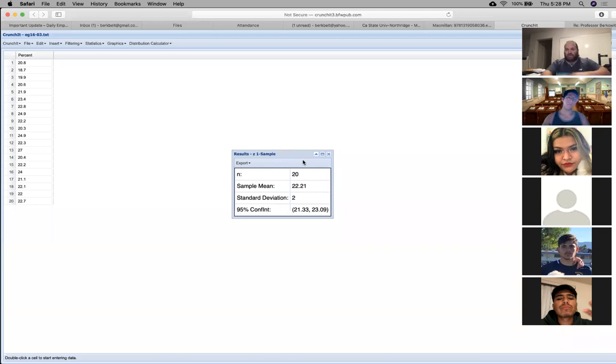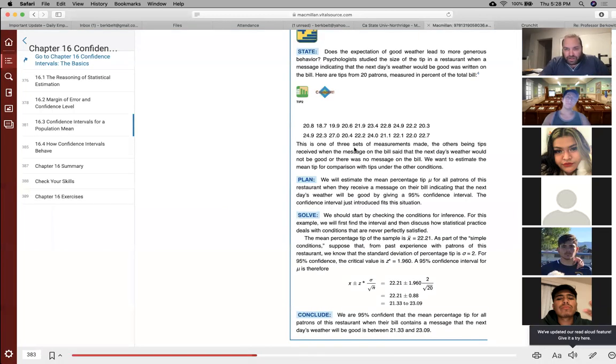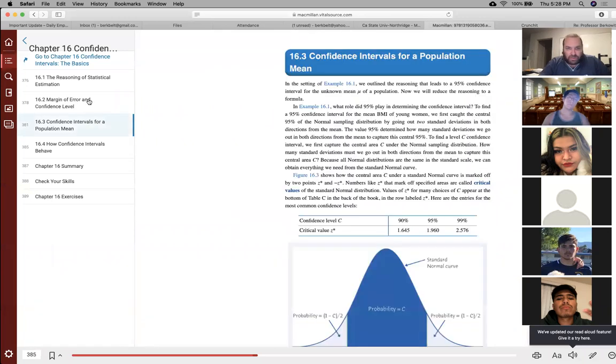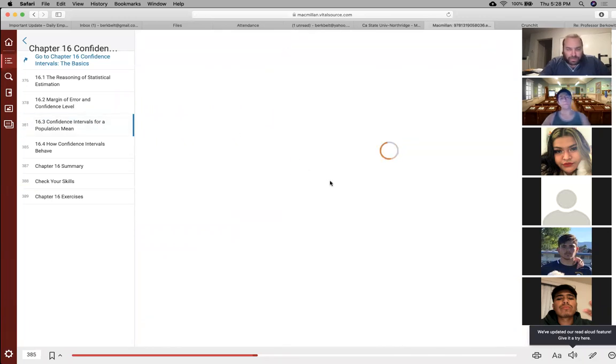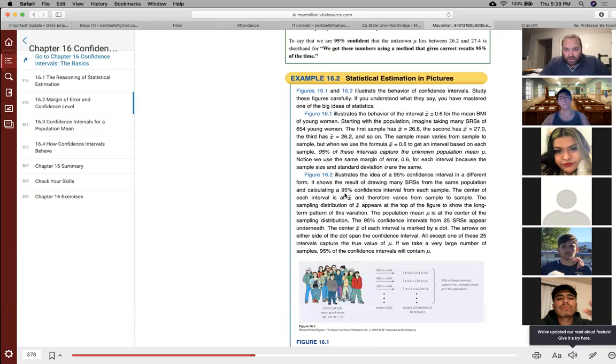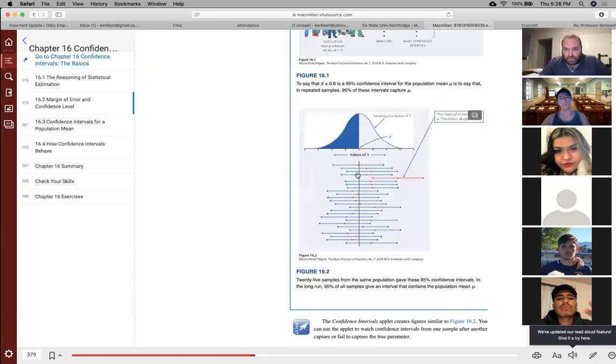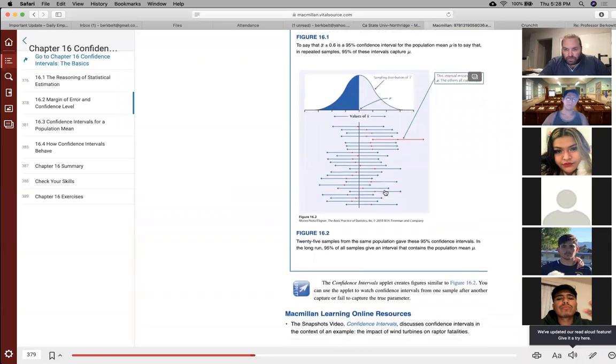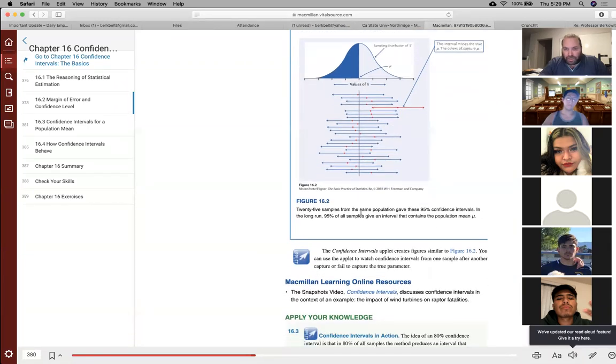Okay, in fact, there was a good picture in the book before that I kind of skimmed. Let's go back to it. It might have been the previous section. If you create a bunch of confidence intervals, you see that most of them catch the true value, but some of them won't. All right, 25 samples gave these 95% confidence intervals.